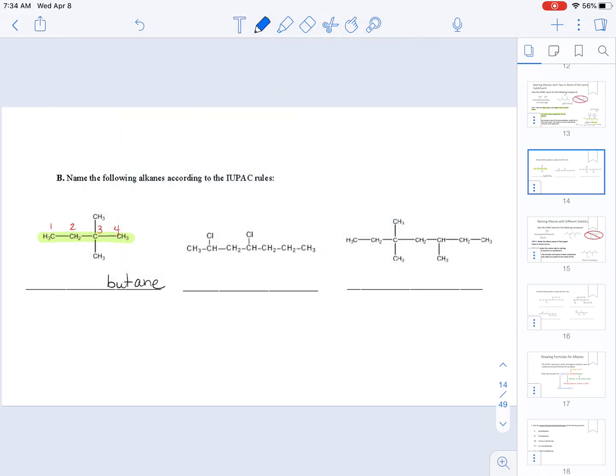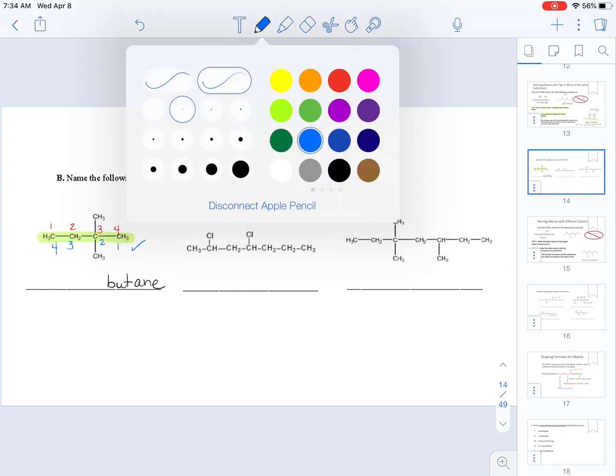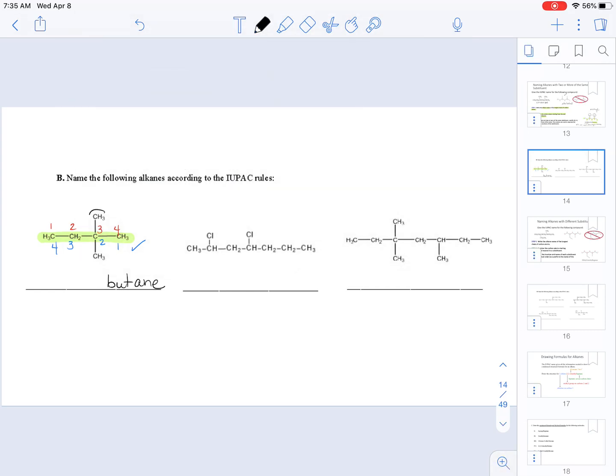If I do right to left, we have 1, 2, 3, 4. So the blue arrangement is the correct numbering because it gives my substituents the lowest number. As you can see, my substituents in this case are the same, and they are CH3s. CH3s are called methyl groups. So before the longest parent chain, I'm going to write the name of the substituent, which is methyl.